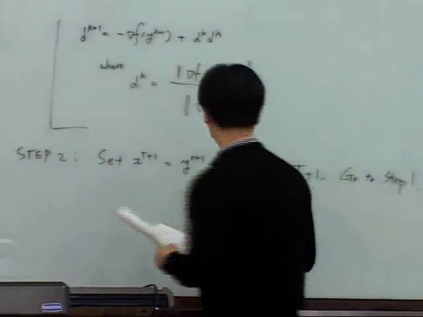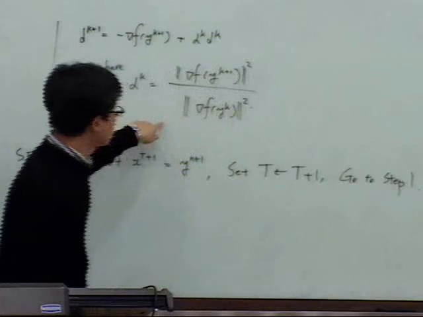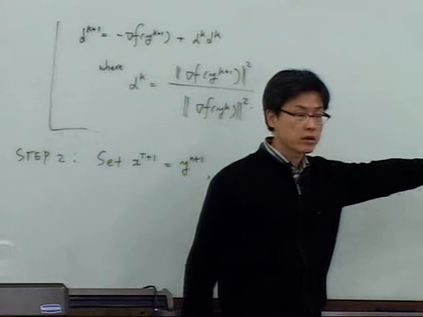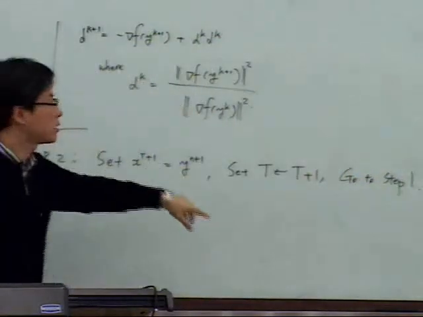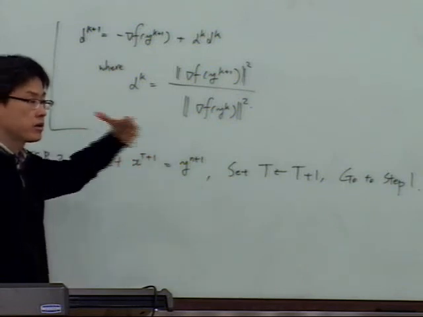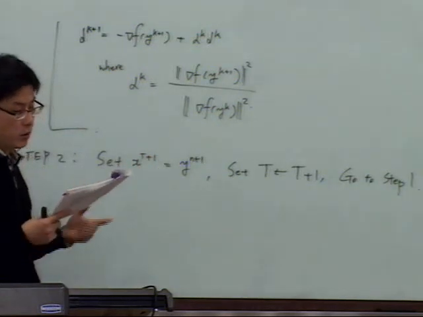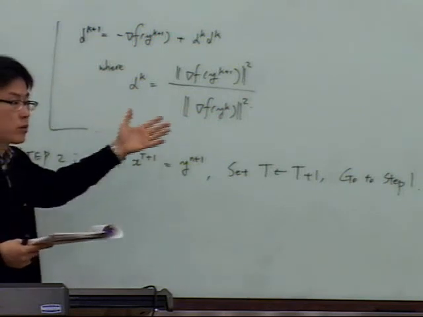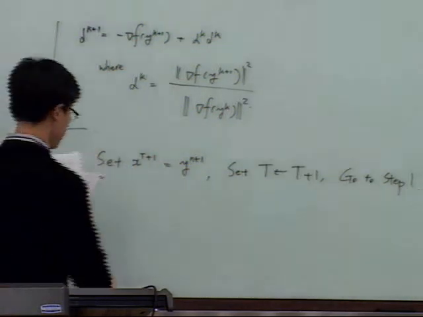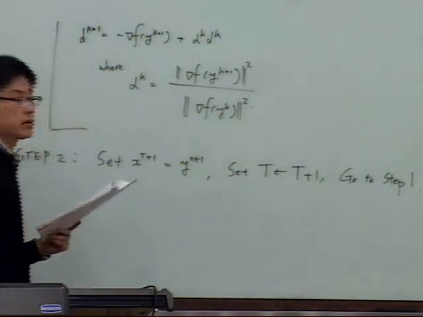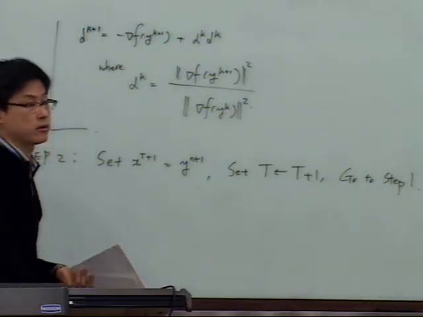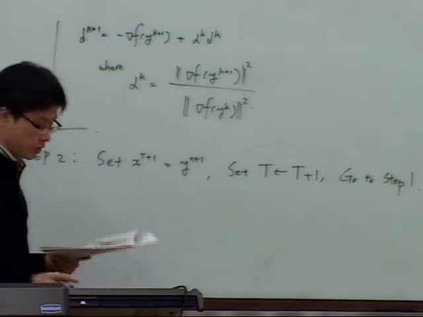Okay, and this alpha k is a little different from what we talked about before. For this one, I just wrote a more general term. So this will hold for non-quadratic functions as well. It's a generic one. So this is the conjugate gradient method, the conjugate gradient algorithm for non-quadratic functions.